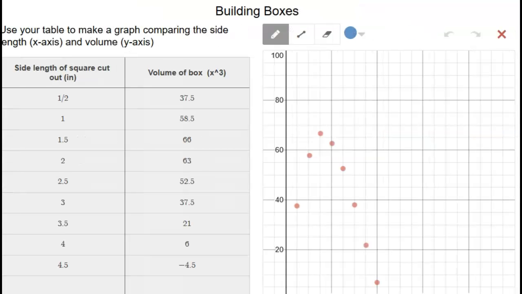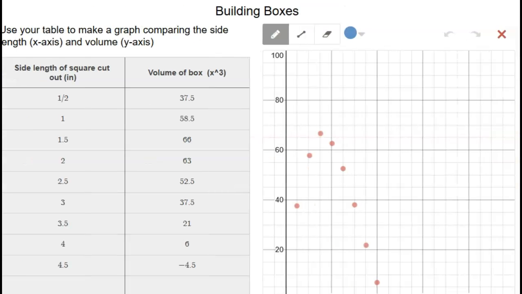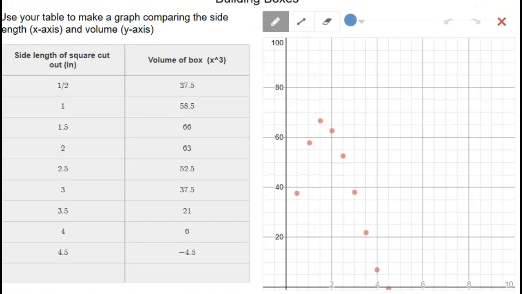So if we change the problem, you can also see this from the graph. When you look at the graph here, if we were to draw in this line right here, you see where this graph makes sense and where it doesn't make sense.